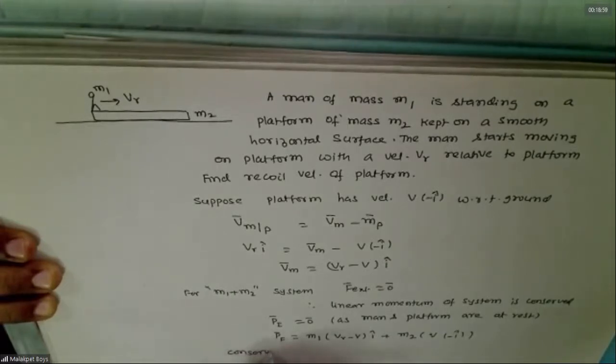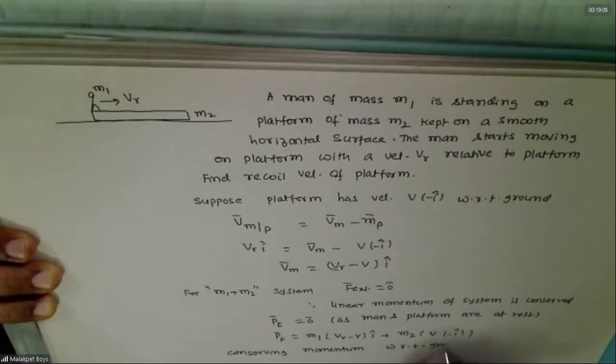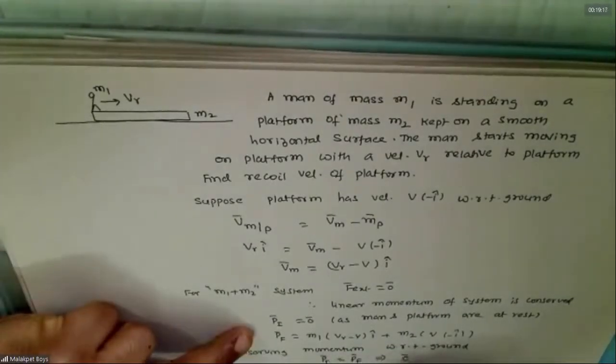Now conserving momentum with respect to ground, you have initial momentum equals final momentum. This is 0.